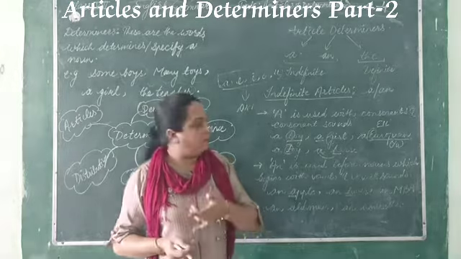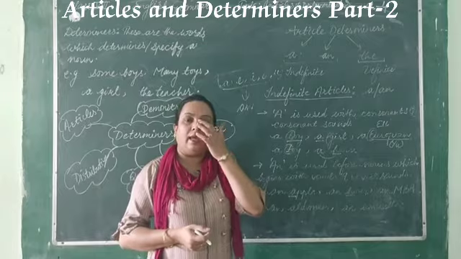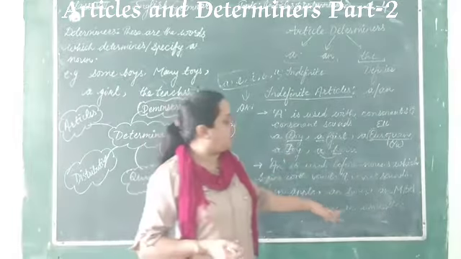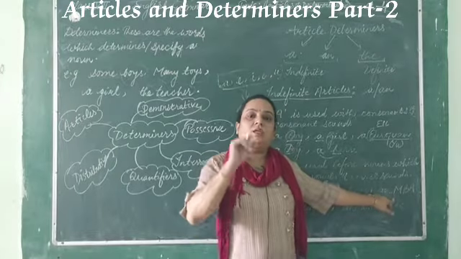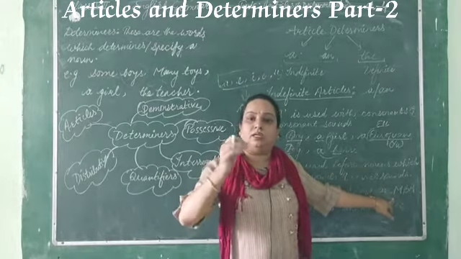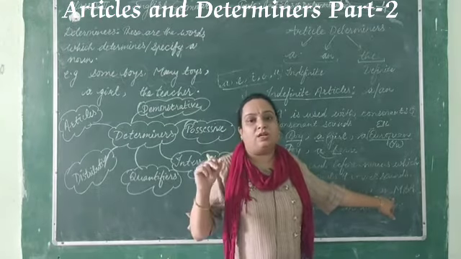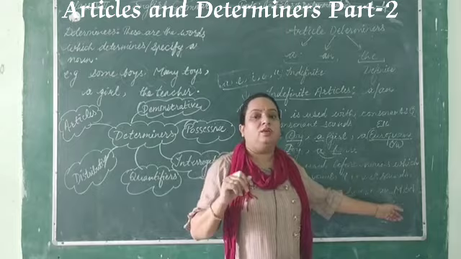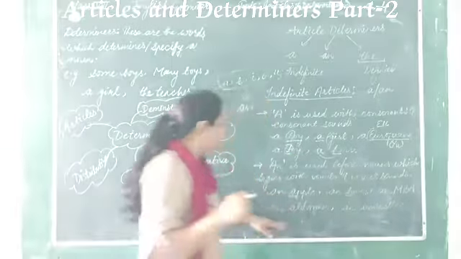Some abbreviations are of such kind where we have to apply an. So please keep this in mind: where abbreviations are given with a vowel sound, even though the letter written there is a consonant, you have to use the rule, and with that rule you will know that here we have to use an. Okay, don't make this mistake.